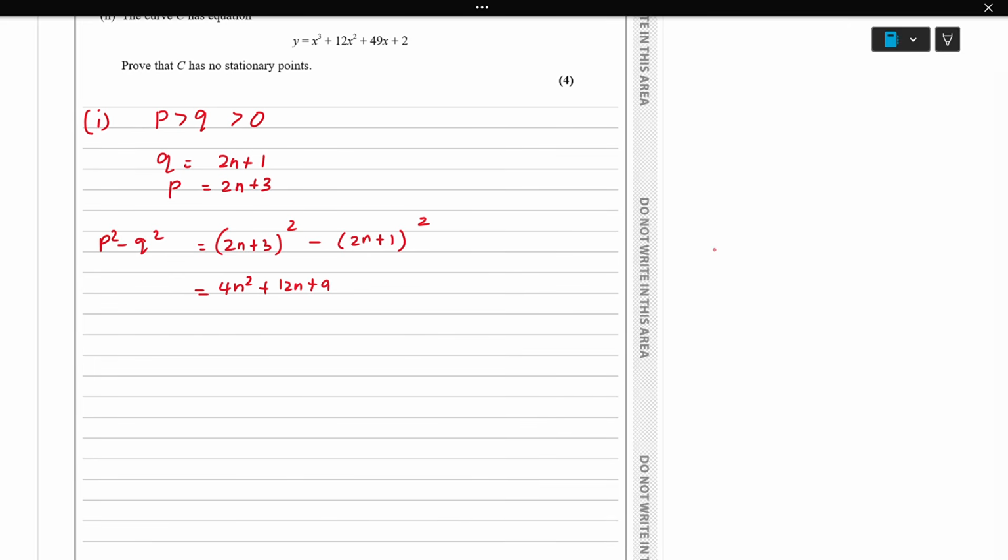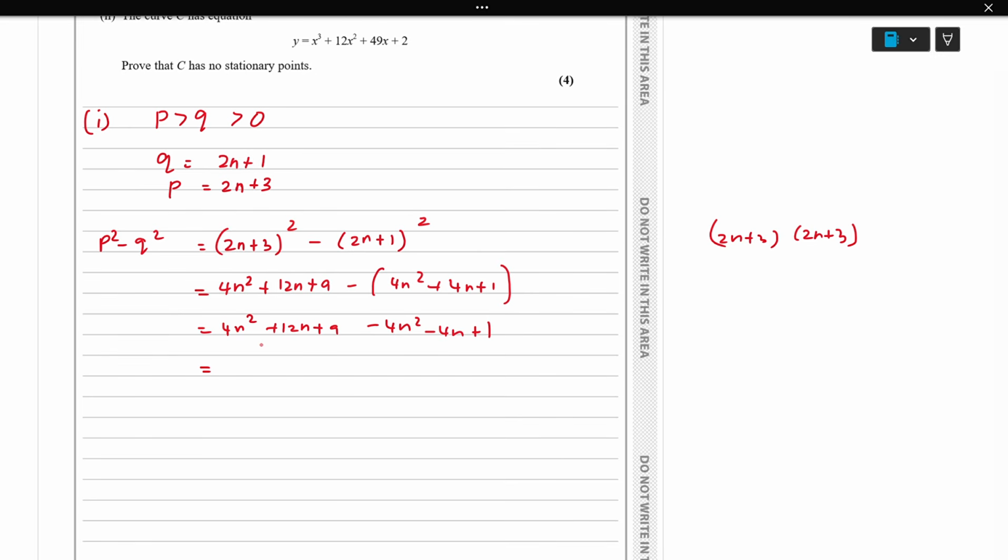Then minus, when we expand this, we'll get 4n square plus 4n plus 1. So now we'll expand this bracket: 4n square plus 12n plus 9 minus 4n square minus 4n minus 1.